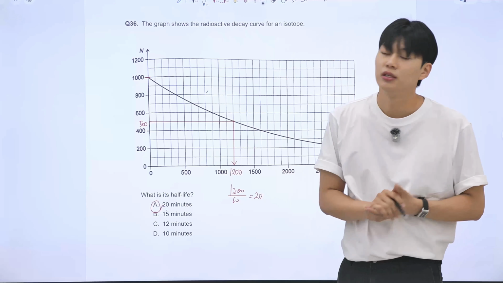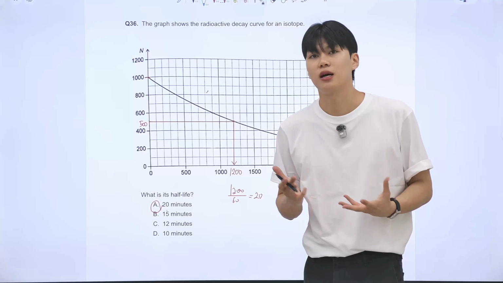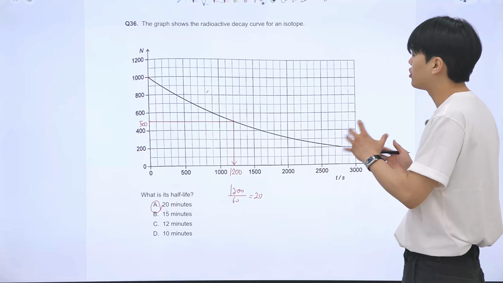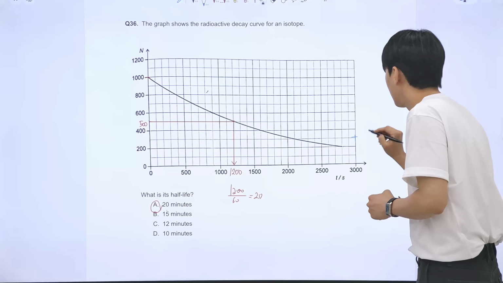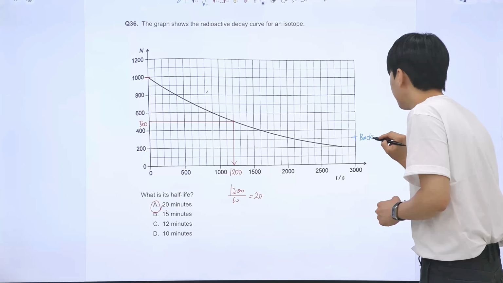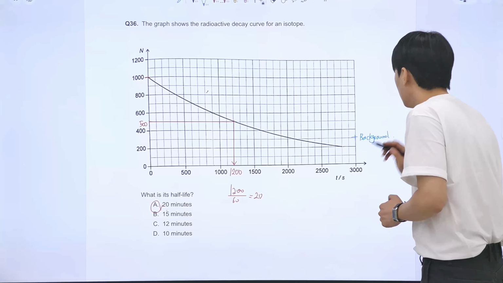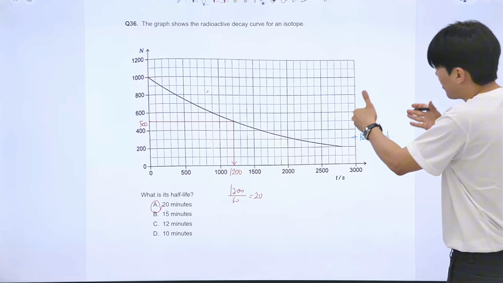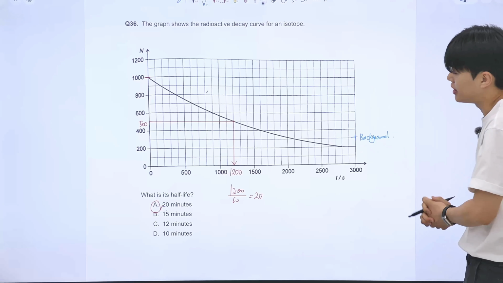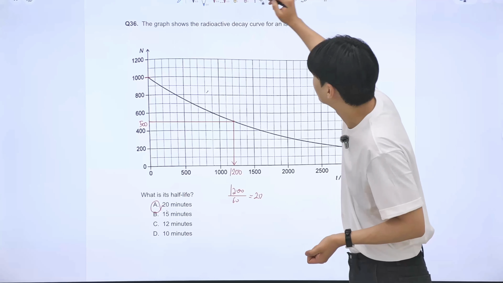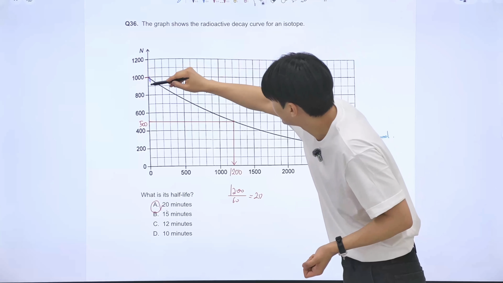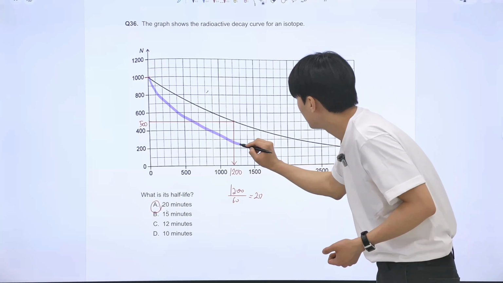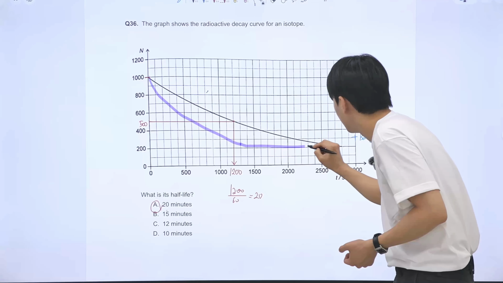However, there's a warning that some of this type of question has to be handled carefully, because sometimes they give us some information about the background radiation. The clue that it includes background radiation is, for example, if the graph line goes to there, and then the tail part just goes straight about here.